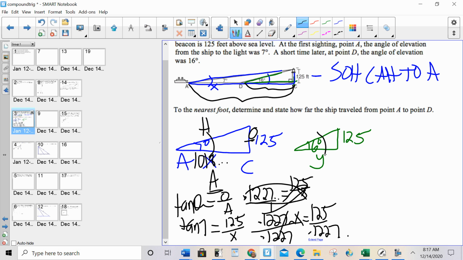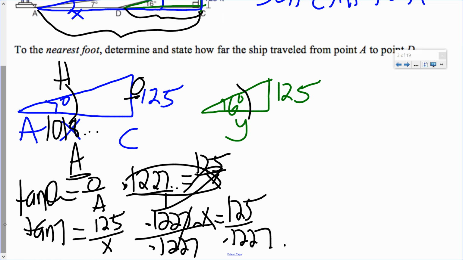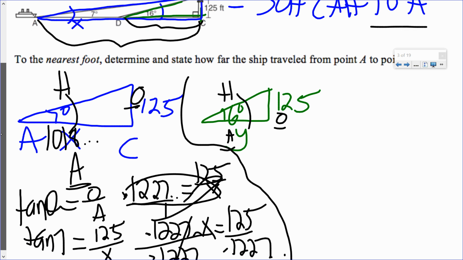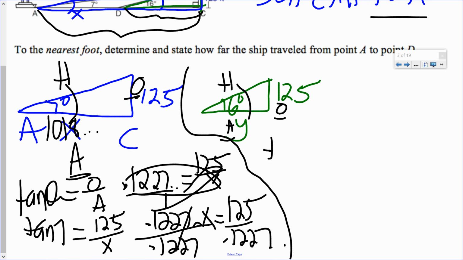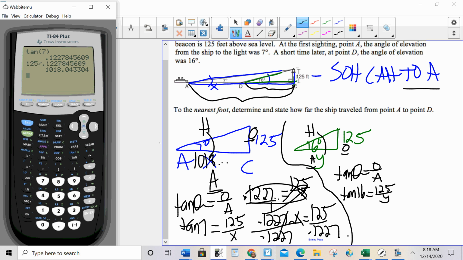Okay, now that you did the calculation for the green triangle, I'll go over that. H, A, O. O and A are involved. So again, it is tangent. Tangent of theta equals O over A. Theta is 16, O is 125, A is Y. Tan 16. I put that into my calculator.